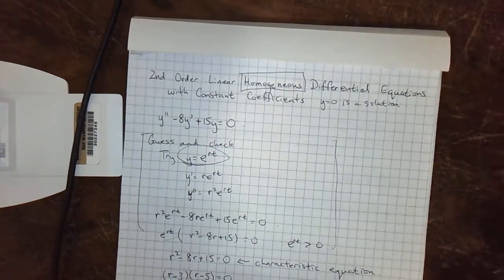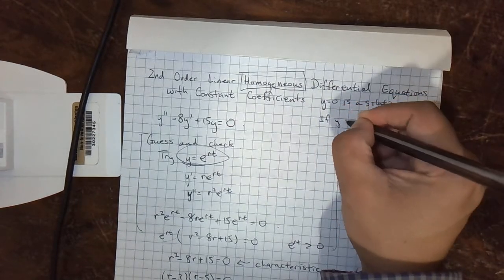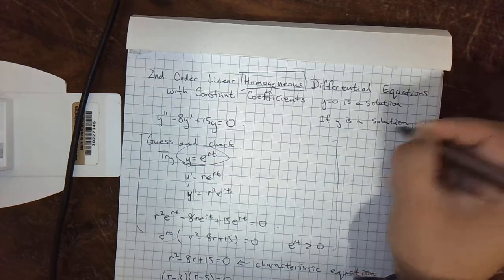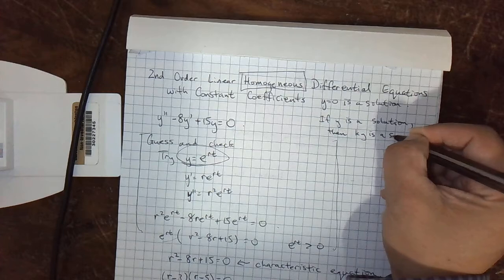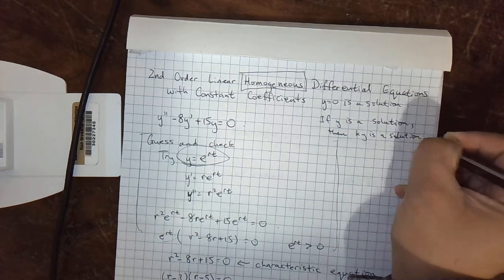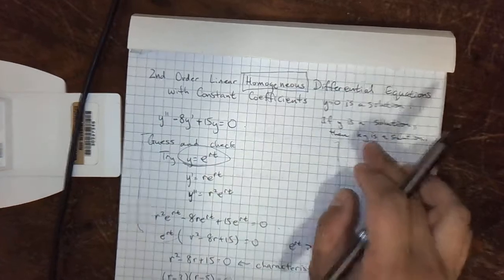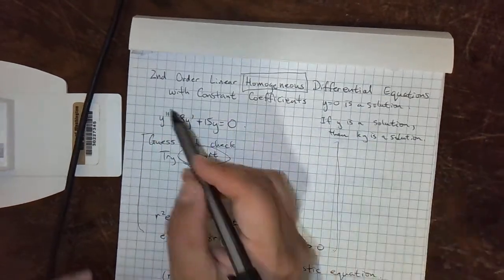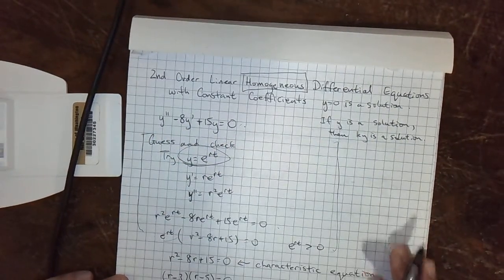But it also means that if y is a solution, remember this from a few weeks ago, then ky is a solution for any multiple k. Because if you plug that in, then you just get a factor of k in every term. So if this thing equals 0, then of course k times this thing equals 0.